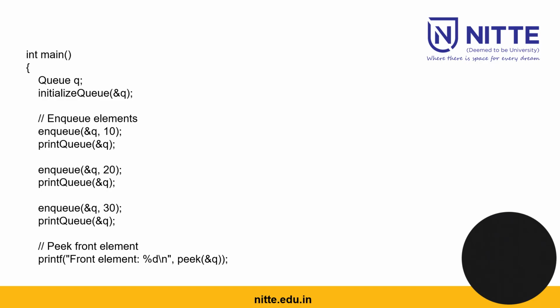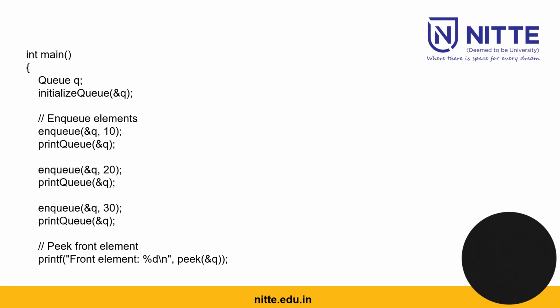Once I do this, we have to write a main so that in this main we call the enqueue and dequeue functions, and also print the elements of the queue. In int main, Queue q, initialize(&q). The control goes to the initialize function and initializes the queue with the values of rear and front.